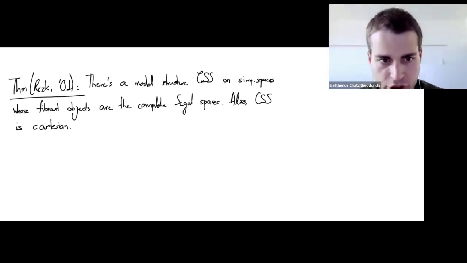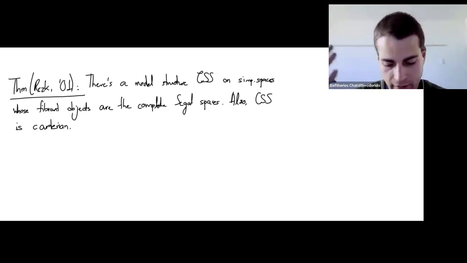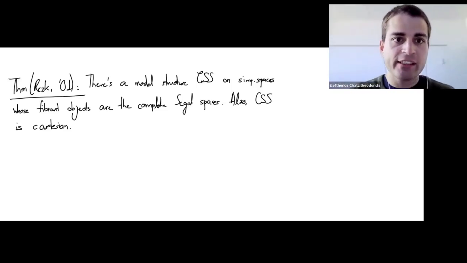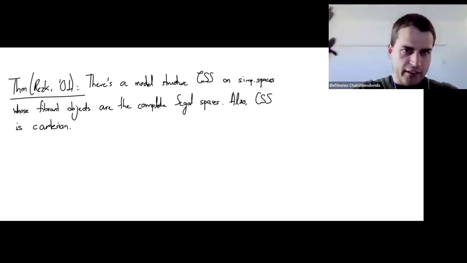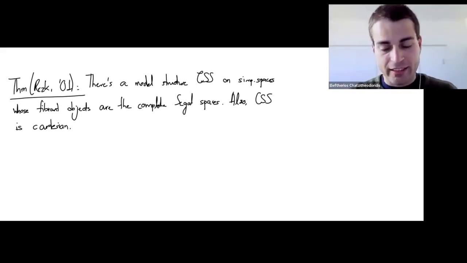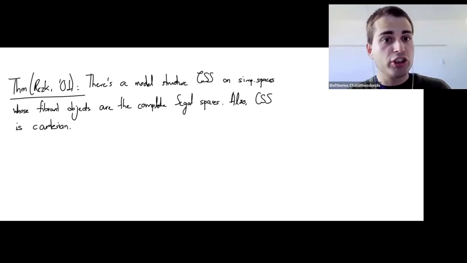So my project revolves around defining what I'm about to introduce right now, which is rational complete Segal spaces, which are at the intersection of rational homotopy theory and categories up to homotopy. They describe categories up to homotopy that are enriched not just in spaces, but in rational spaces.